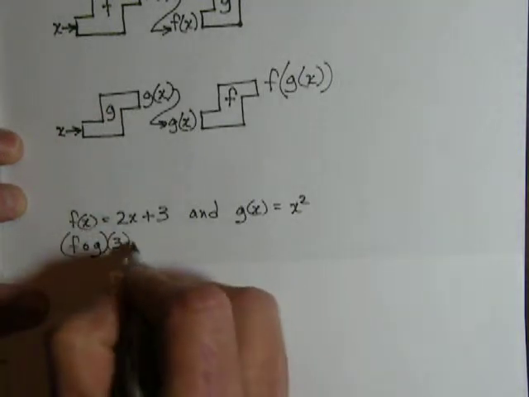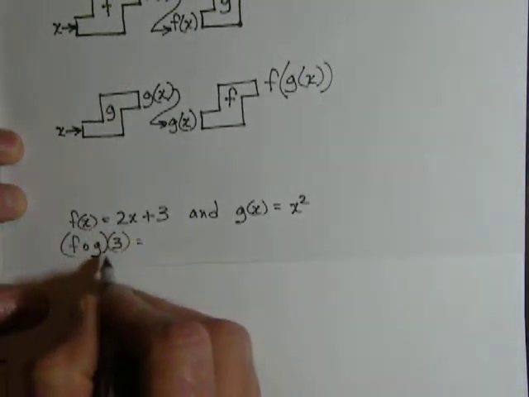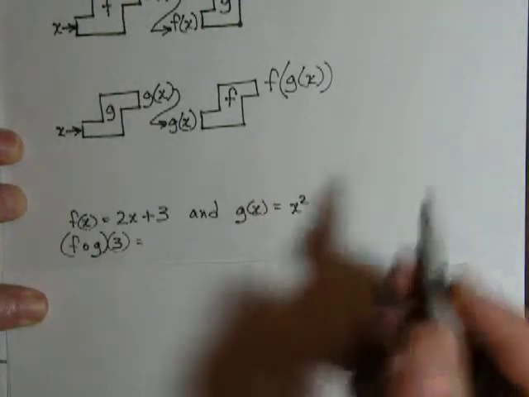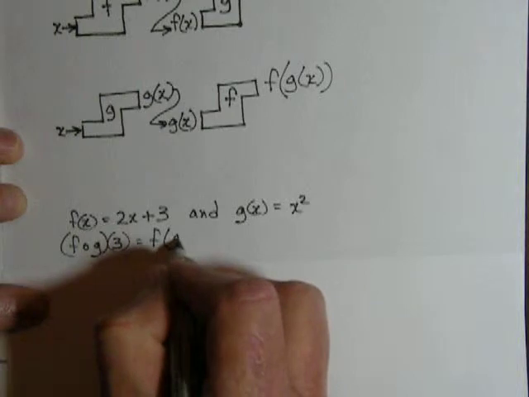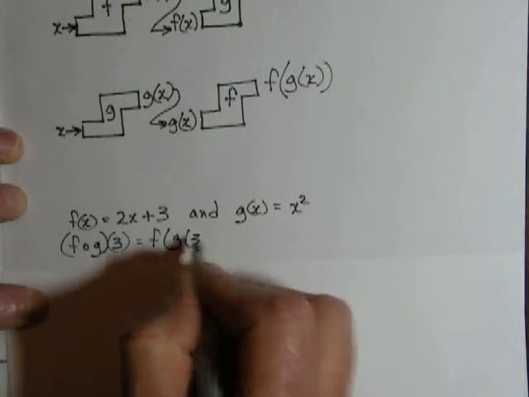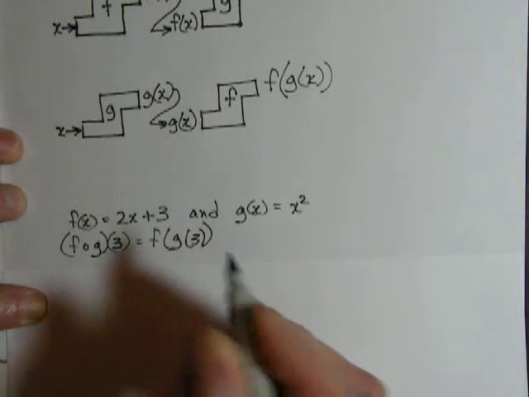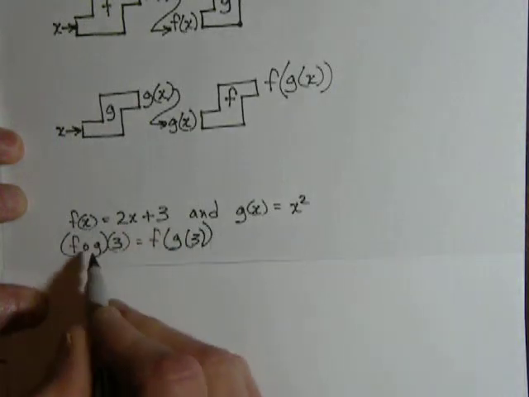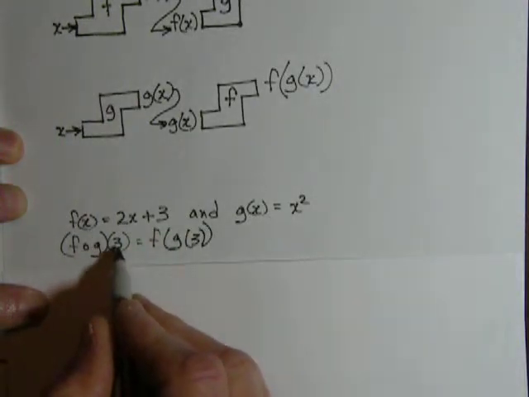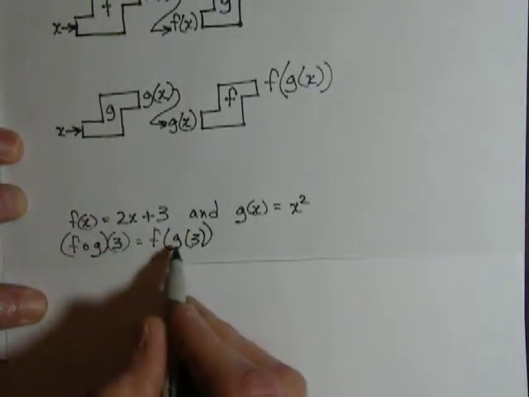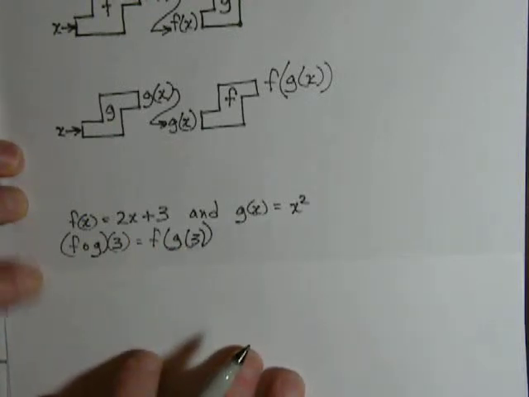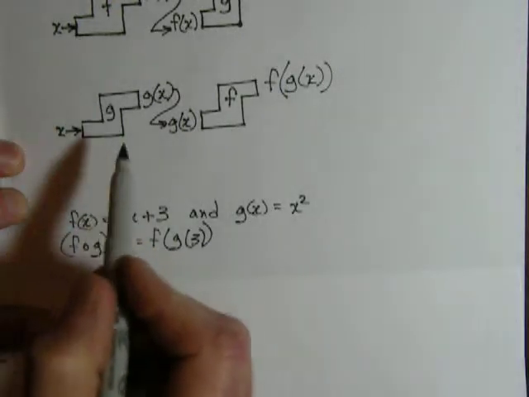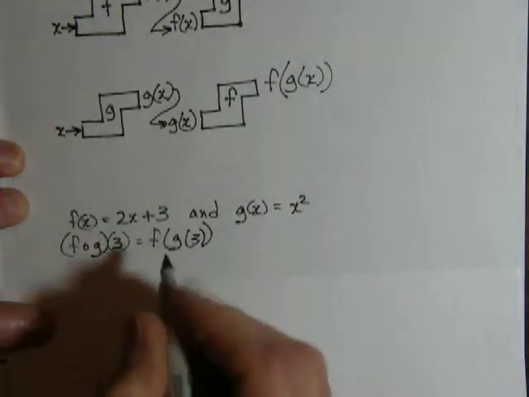In order to do that, another way of writing this, as we saw above, would be f of g of 3. Now this tells me the sequence. Now the easy way to remember is whichever function is closer acts first. So in this case, g acts first. What does that mean? It means to plug 3 into g. Let the function machine do its thing.